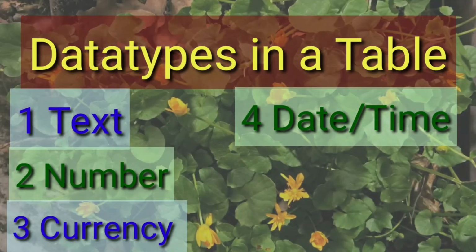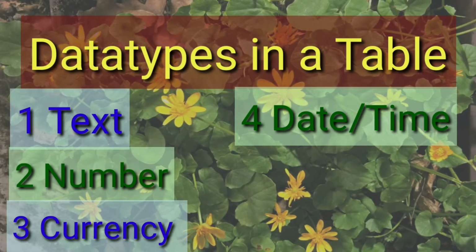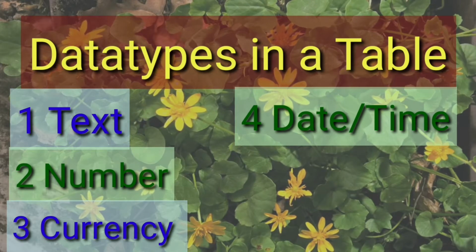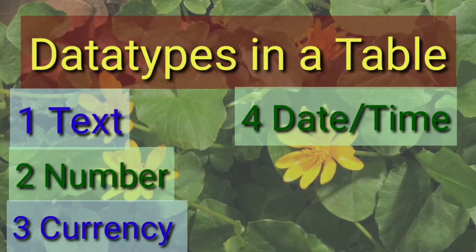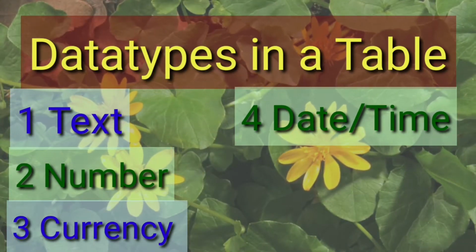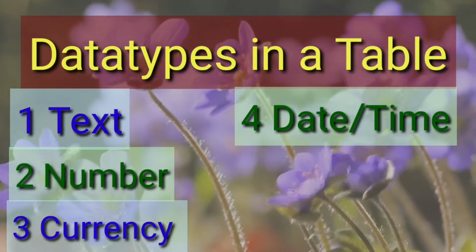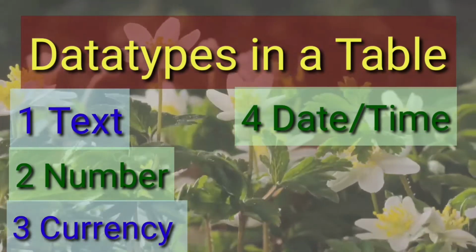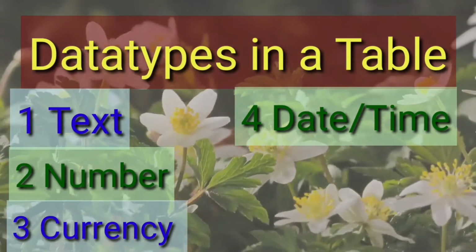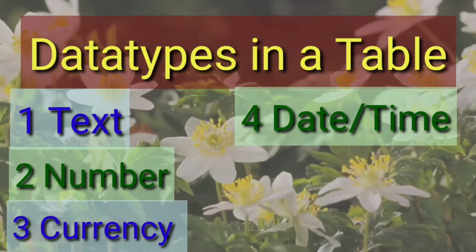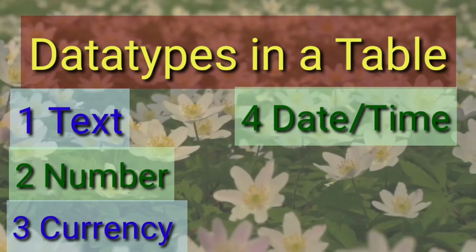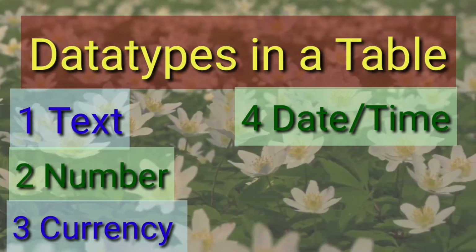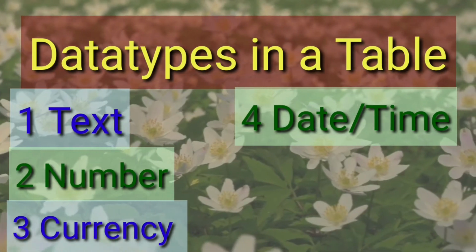Next is date time. This data type contains the date and time. We can store either the date or time or both in this date time. And one point to be noted is that we can perform calculations on date time. For example, if I have an employee table with the joining and leaving date of the employee, then I can easily perform calculations on dates.